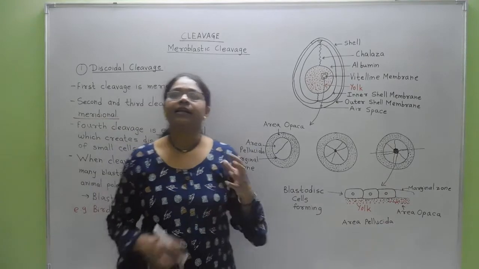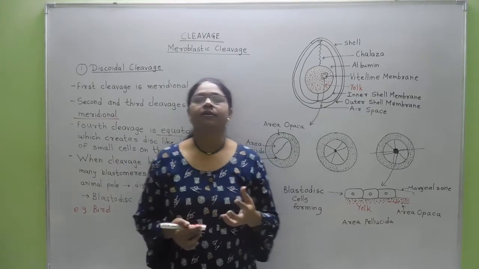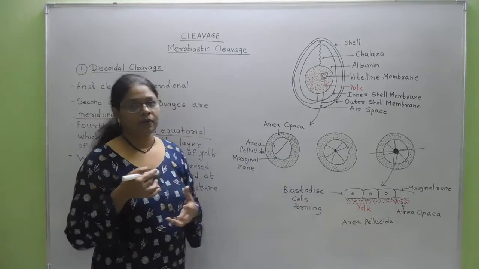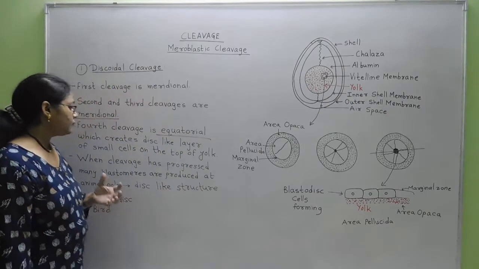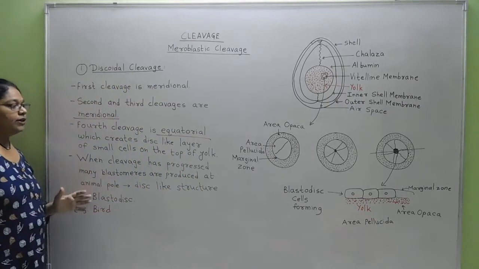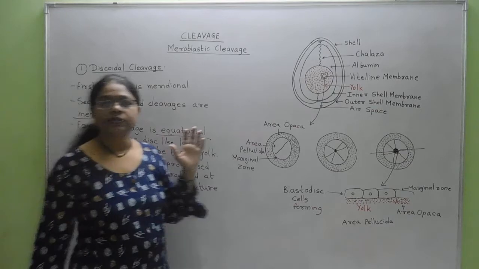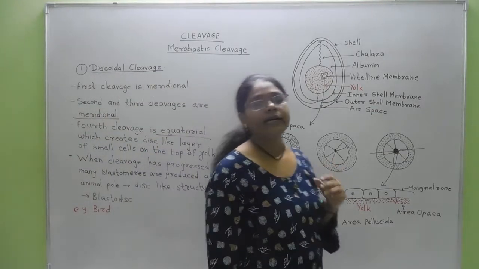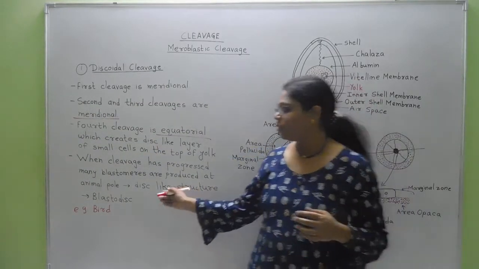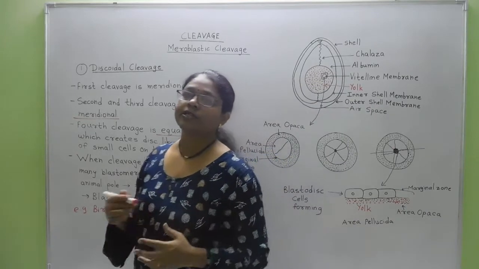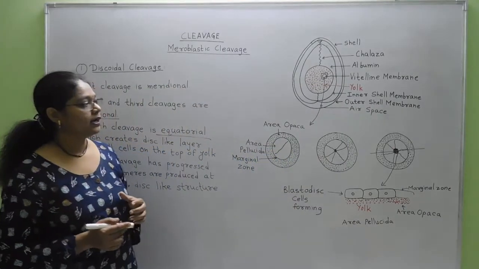Now this disc-like layer of cells is present above the yolk, and therefore when the blastula of such eggs is formed, it is called a blastodisc because of the presence of a disc-like layer of cells.